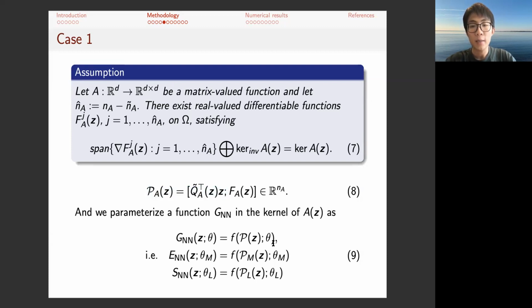And by applying a neural network F on this projection function, we get our neural network design for the matrix G, or the matrices E and S. And by the chain rule, since the gradient of this projection function lies in the kernel of A, the gradient of E and S will also automatically lie in the kernel of A.